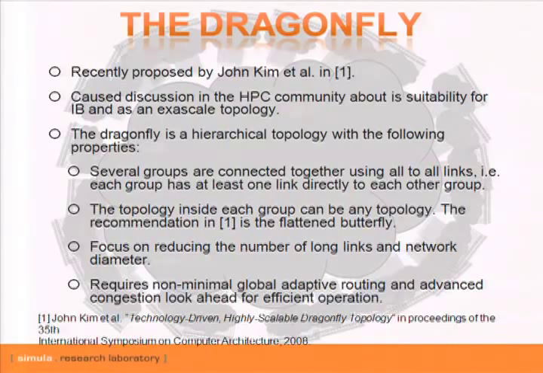But bear in mind that the Dragonfly requires non-minimal adaptive routing and also advanced congestion look-ahead functionality for efficient or optimal operation. And that also makes the back pressure mechanism more aggressive.